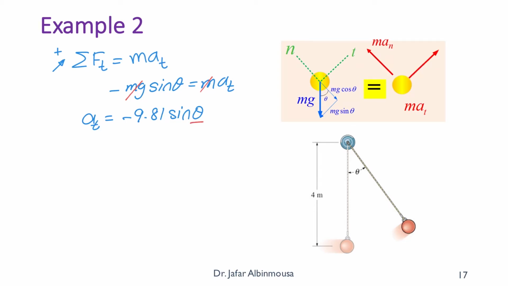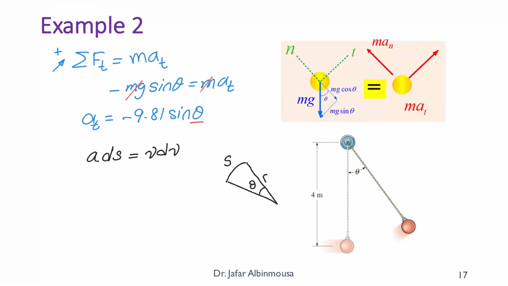Now we can make use of some of the relations that we derived in chapter 12. One of them, which we said is going to be useful, is this relation: a ds equals v dv. Also, we can have another relation established from the arc length, which relates s, theta, and r.